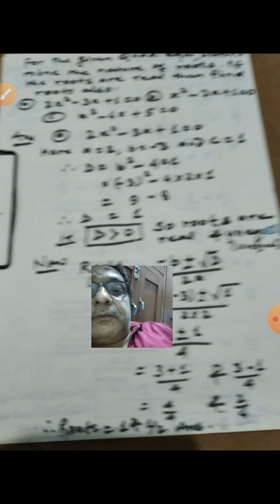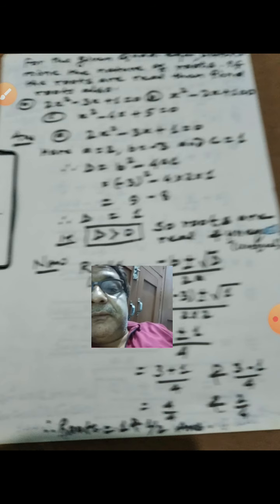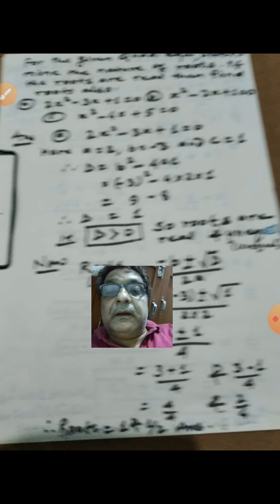It is not so clear, so I just read from the given equation: determine the nature of the roots of given equation, and if roots are real, then find them. So first equation is 2x square minus, so it is not readable.